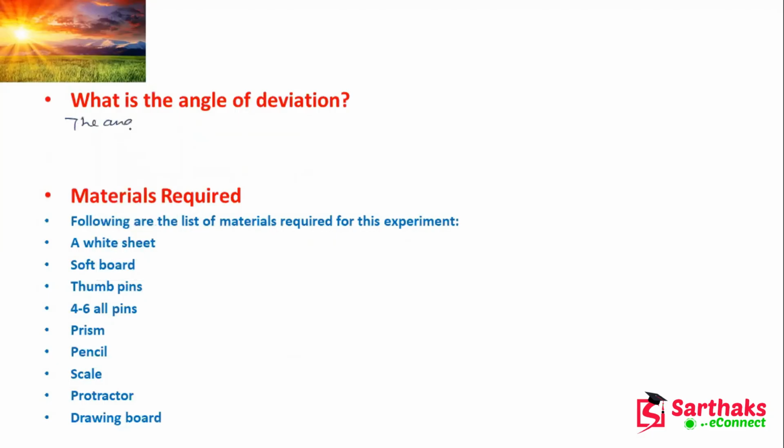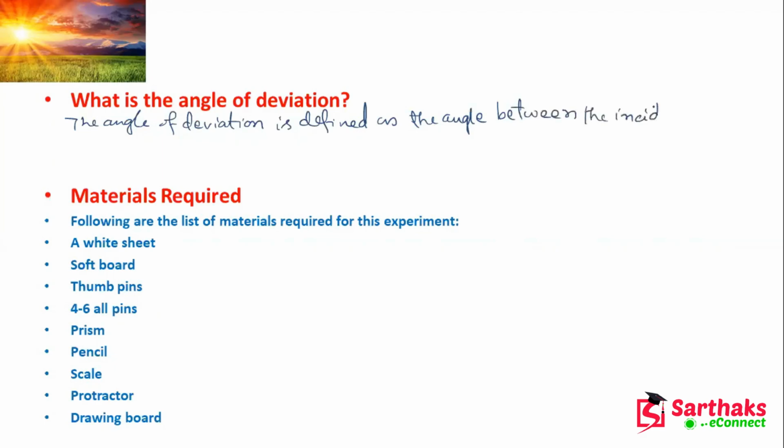The angle of deviation is defined as the angle between the incident ray and the emerging ray.